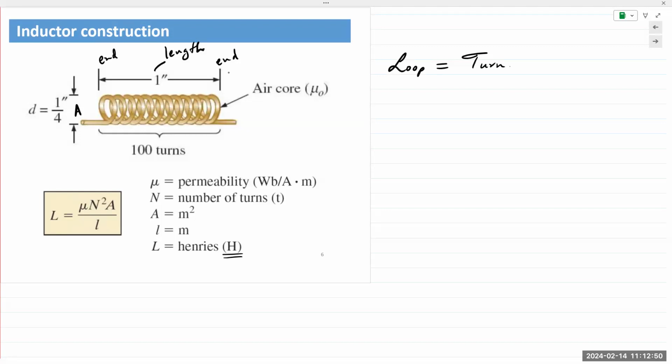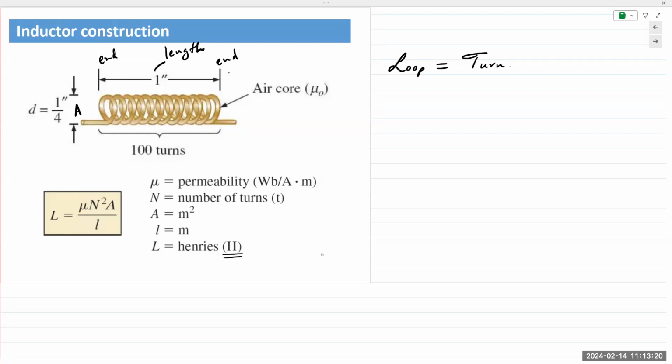Anyway, mu is the permeability of the material. Permeability basically describes the ease with which magnetic flux lines can be established inside a material. Remember, a couple of slides ago, we showed the working principle of an electromagnet. And the image before that, I showed an inductor similar to this one, which did not have any material inside it.